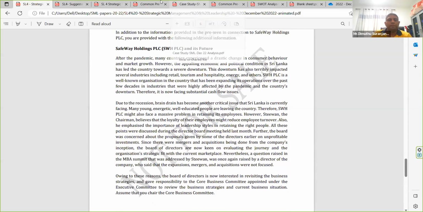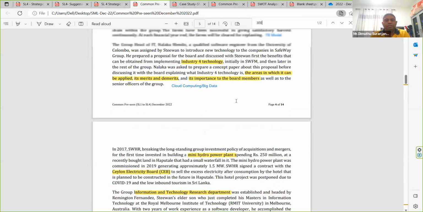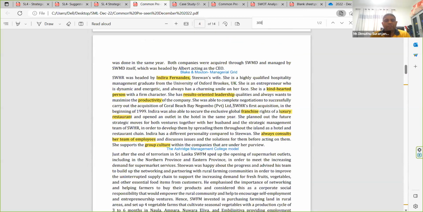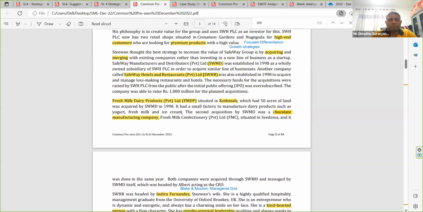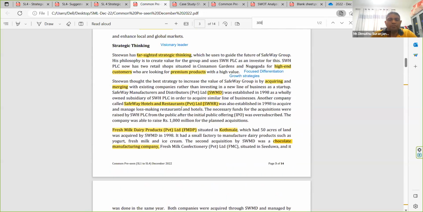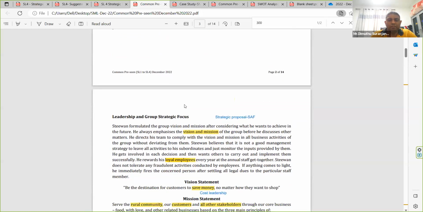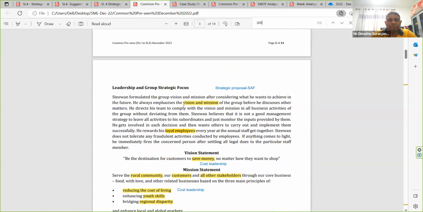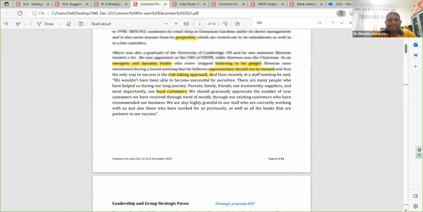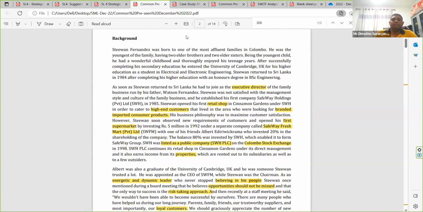So, Stephen, initially there was some information given about Stephen. His wife, a lot of information is there. See, there is some information here about Stephen. Stephen Fernandez was born to one of the most affluent families in Colombo.